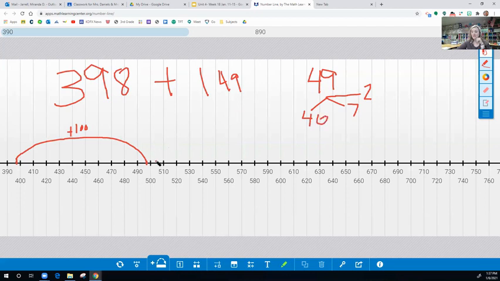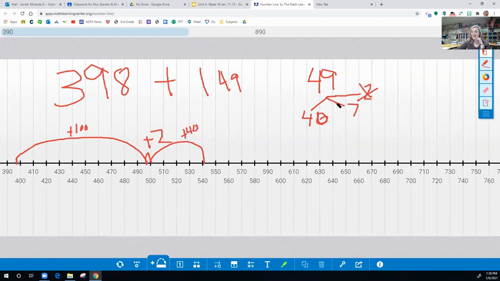So the first thing I'm going to do is jump 2. And then I'm just going to cross that out. Done, done. And now I'm going to go ahead and jump that 40. Okay, so I'm at 500. Now I'm going to go to 540.